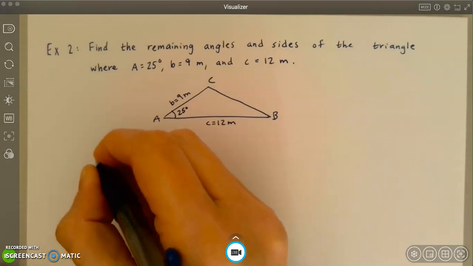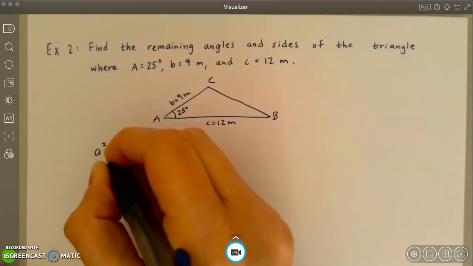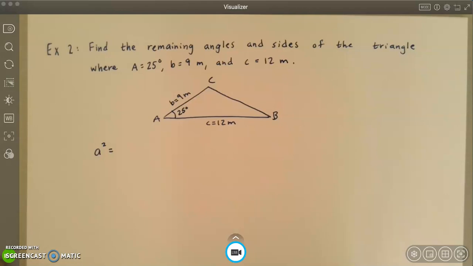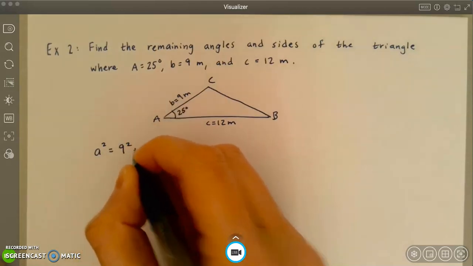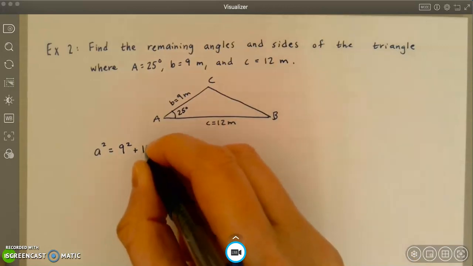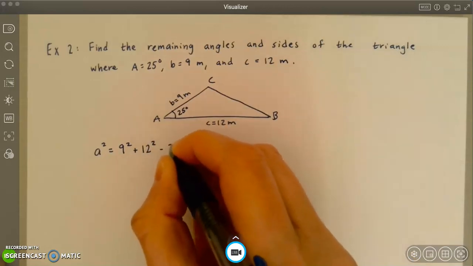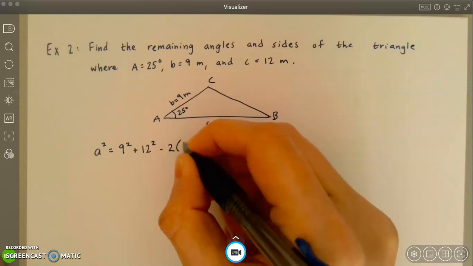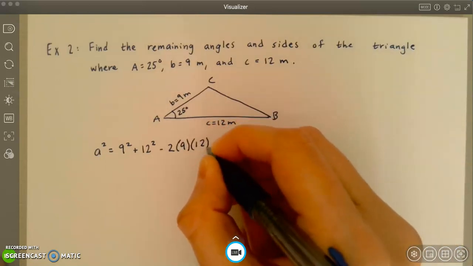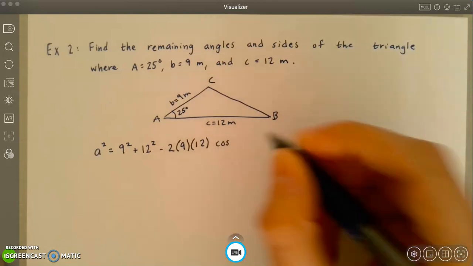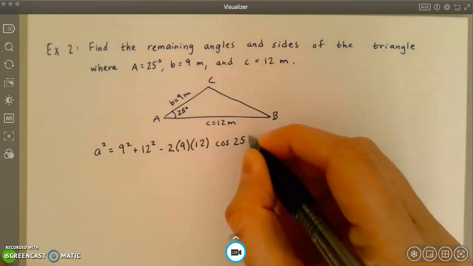So we have A squared, right? So side A squared is going to be equal to B squared, so that's 9 squared, plus C squared, that's 12 squared, minus 2 times B, not squared, just regular B, times C, and then cosine of angle A, which is 25 degrees.